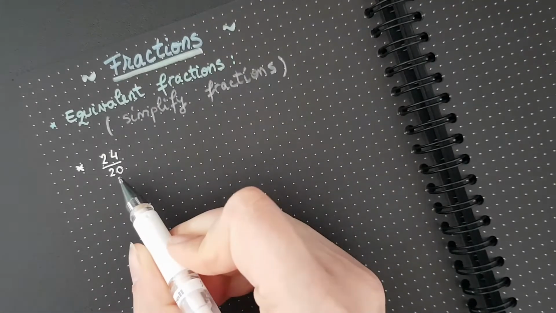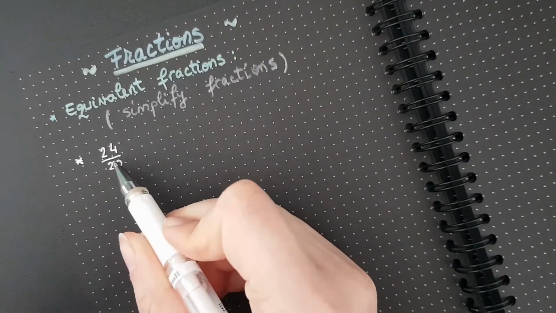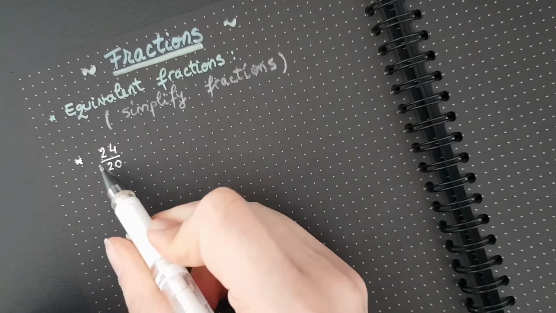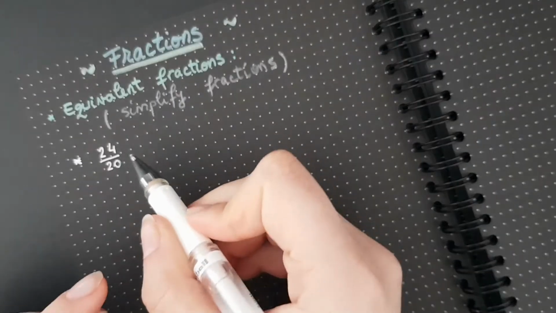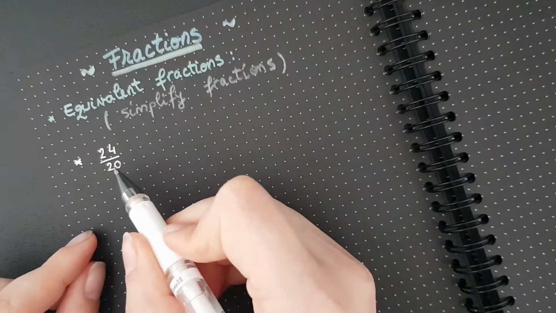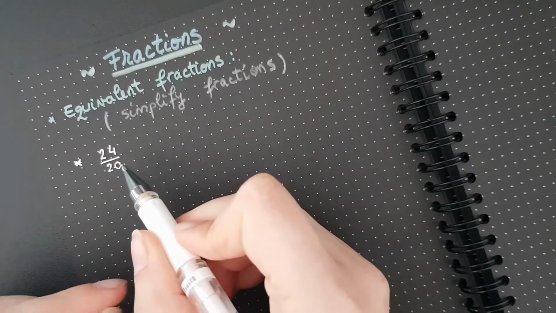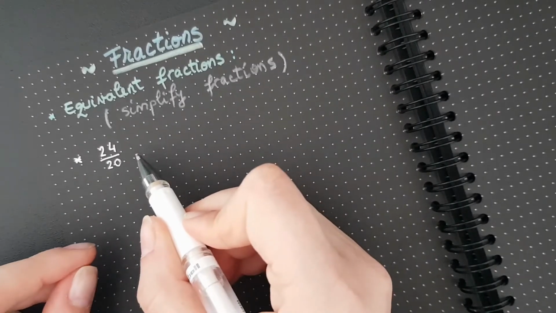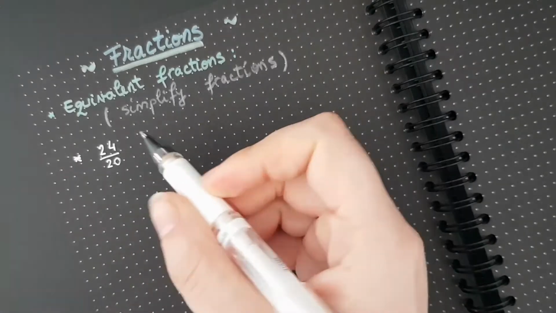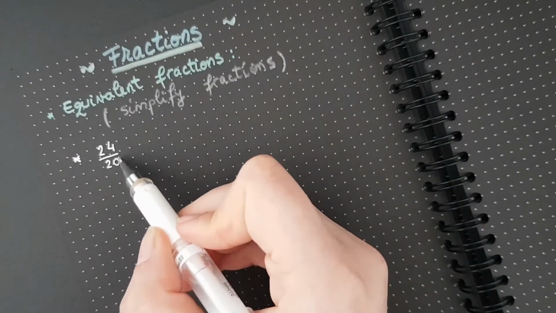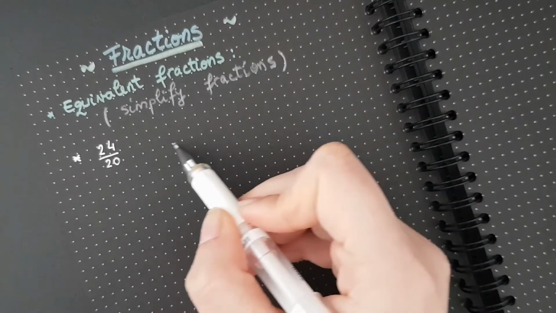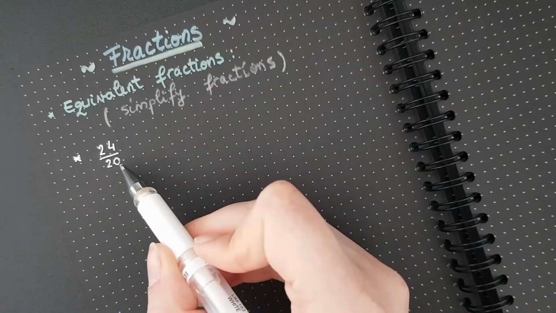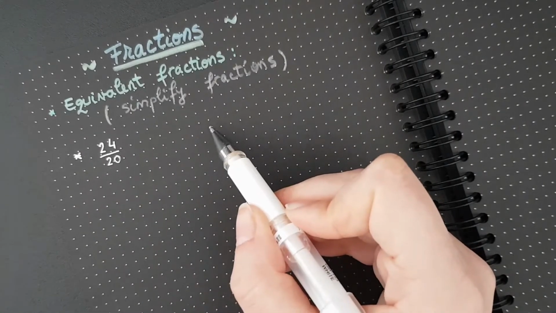Now, if I put this one on a calculator, it will give me a specific answer. But there are other fractions that actually give me exactly the same answer. And also, in that case, that means all of the fractions that give me the same answer are equivalent fractions.